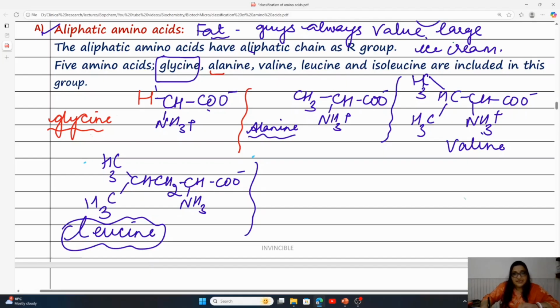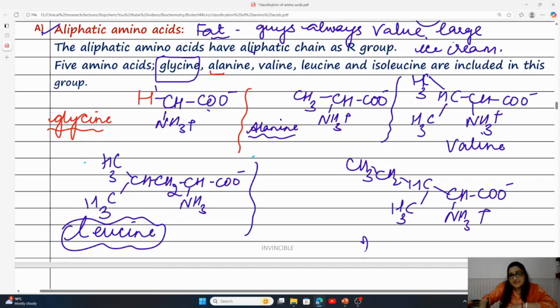And after leucine, here we go, the structure of isoleucine. CH, COO negative, NH3 positive. But we will be arranging the alkyl groups differently. Now CH, CH2 and CH3. Again, downwards we will be arranging one CH3.